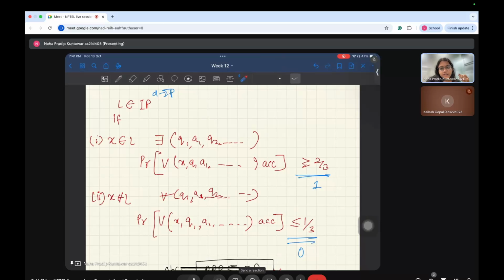Because if the success probability is at least 2/3, we can amplify the process by repeating the random experiments again and again and improve the success probability. In fact, we can get the success probability boosted to 1 when X is in the language.